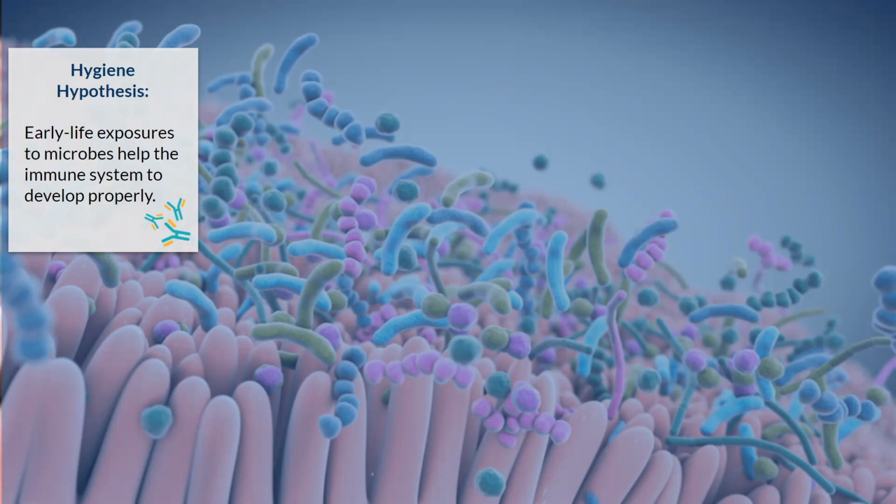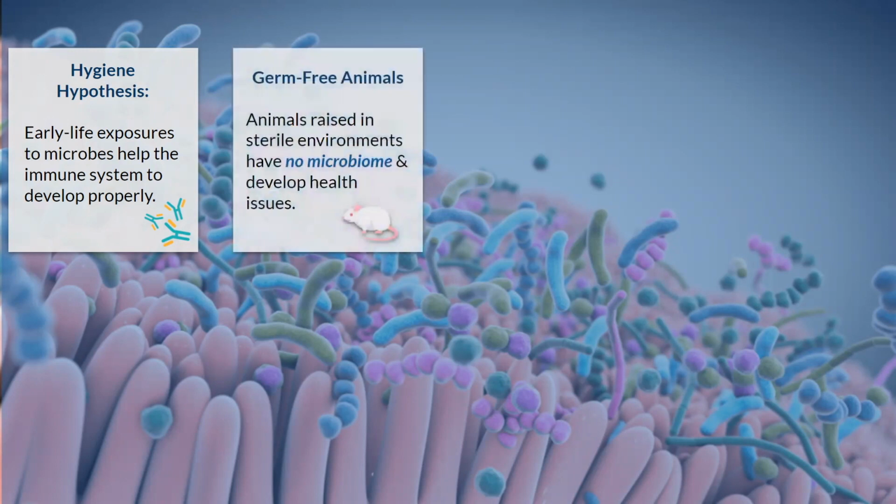This is supported by findings in germ-free animal studies. Germ-free mice, for example, are raised in a completely sterile environment and they don't have a gut microbiome. Researchers have found that these sterile mice are prone to developing health issues, and they may be more susceptible to chronic illness or infection.